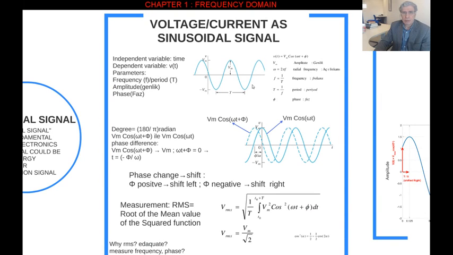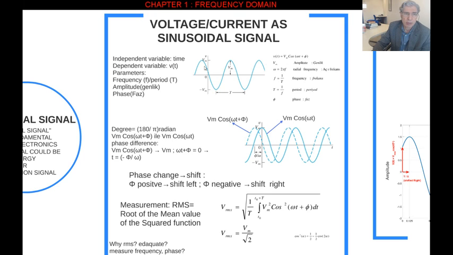Mathematically, this signal is this function. You have seen that function. This function has three parameters in it. One of them is Vm, the other one is omega, which is called angular frequency, and phi is the angle of this function.